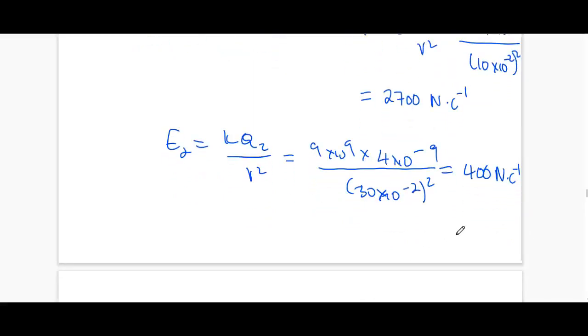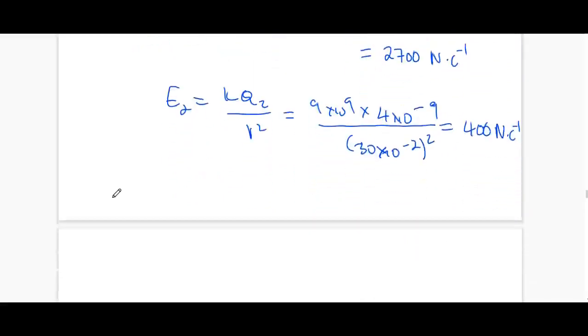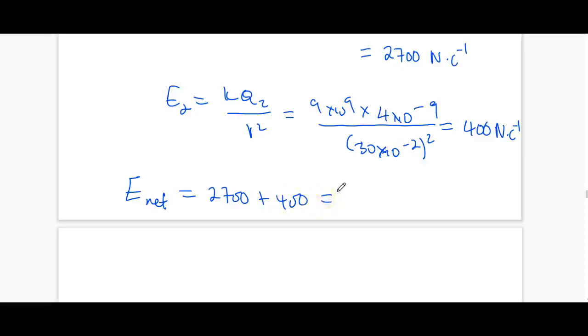Now we go to E net. E net is going to be 27,000 plus 400, so 27,400 newtons per coulomb.